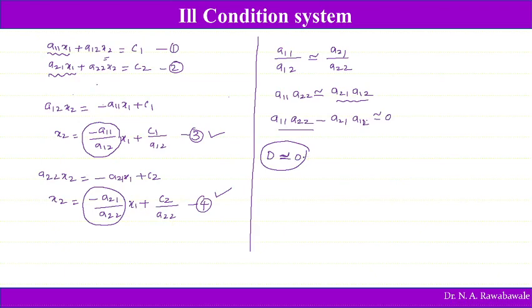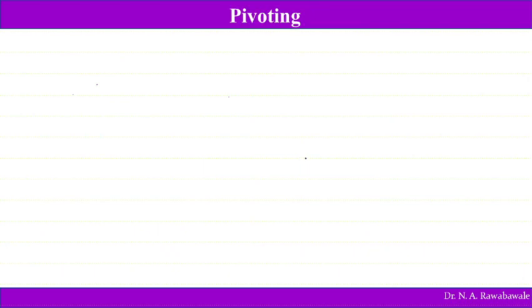So now we will see what pivoting is. Before looking at pivoting, we'll solve one problem, and then we'll see what pivoting is. Now we have one set of equations, say 0.0003 x1 plus 3.0000 x2, which is equal to 2.0001.